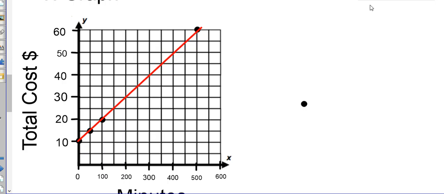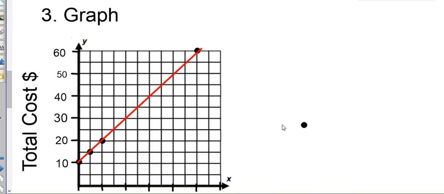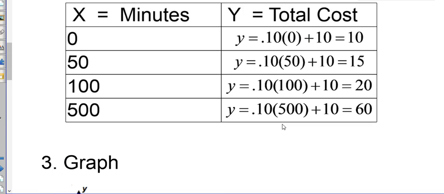Then back to plotting these points. Of course, the first one was 0, 10. The second one was 50 minutes and $15 right there. 100 minutes and $20. Again, I'm getting these points, these values, from the table we did first.